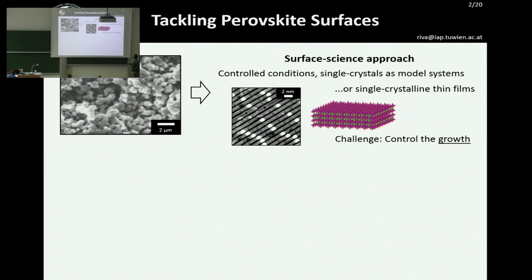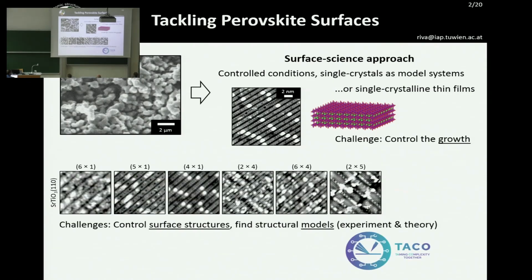Once you have these single crystalline films, you can look more closely with your STM, and it turns out that this flexibility that I mentioned for the perovskites becomes a nightmare at the surfaces, because even if you take one single crystal orientation, you have seen this already with strontium titanate, you find a host of different surface structures.